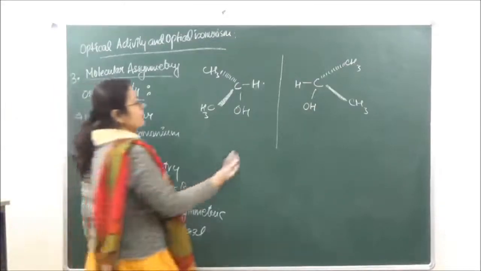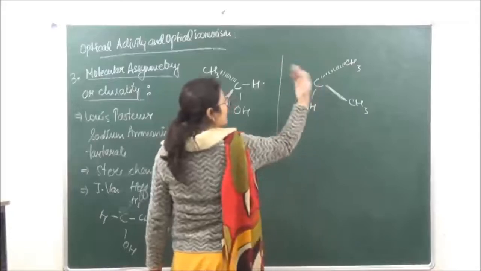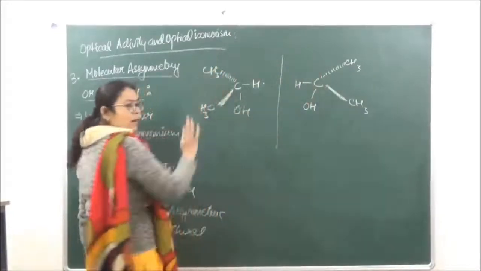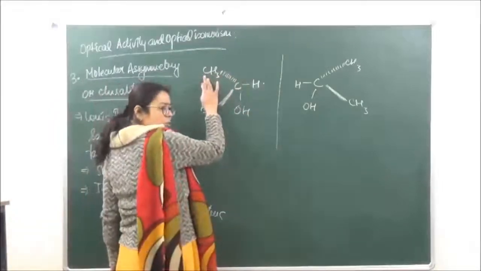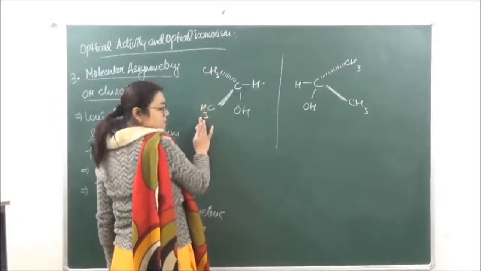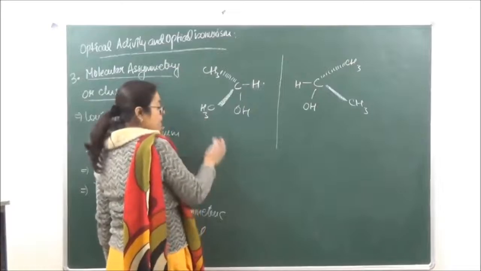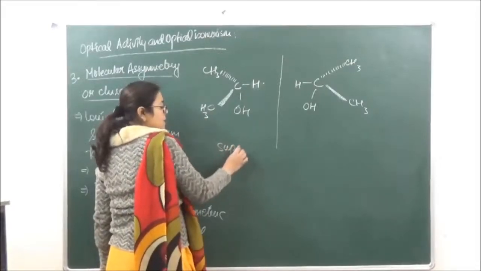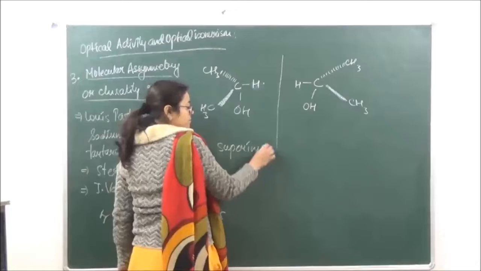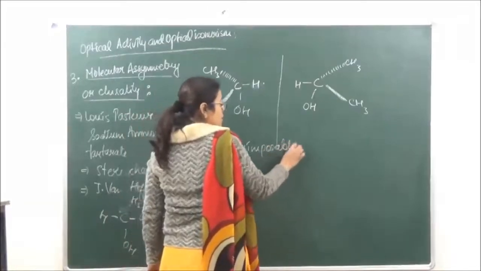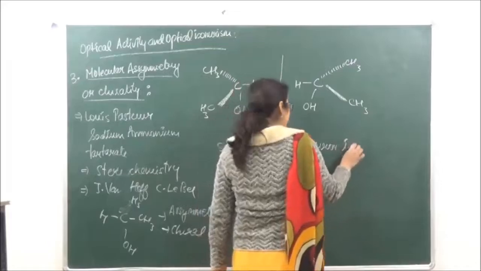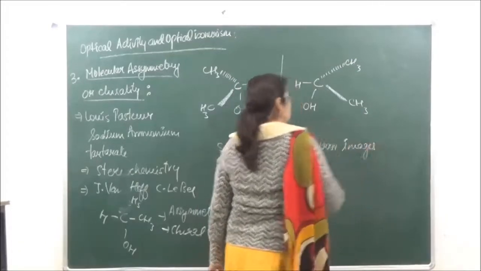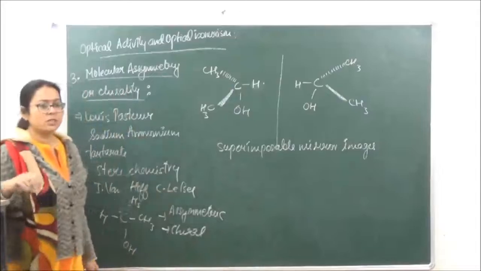So here when you are picking this up and rotating at 180 degrees, what is going to happen? CH3 will be superimposed by CH3 and CH3 will be superimposed by CH3. So both of these are superimposable mirror images.